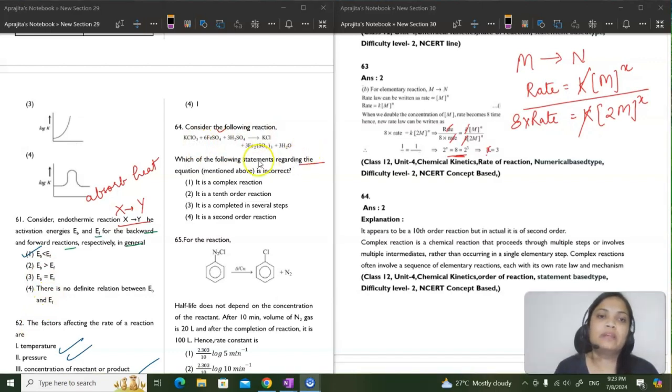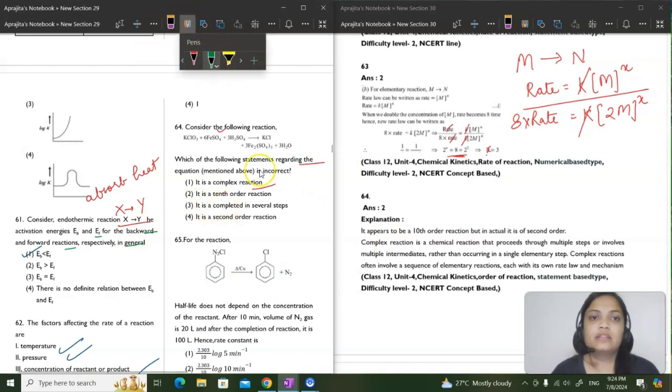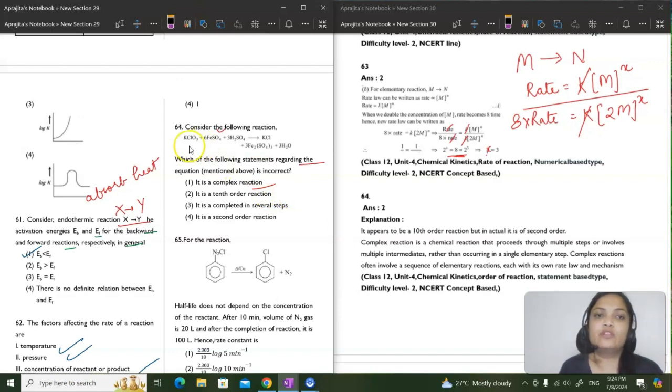So students, complex reaction means the one that takes place in multiple steps. So in that case, this reaction is a complex reaction because it will take place in multiple steps. Then we have the next one, that it's a 10th order reaction. Although it appears to be a 10th order reaction, it is not a 10th order reaction.